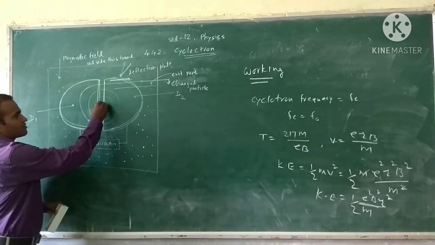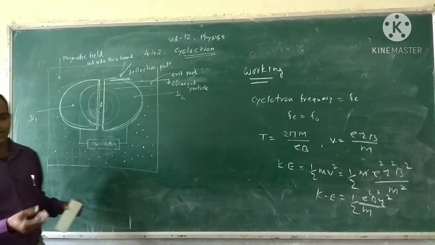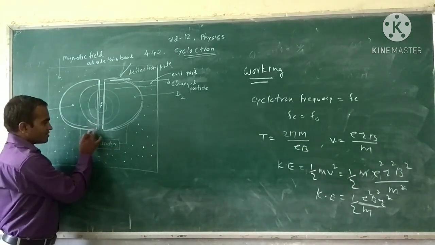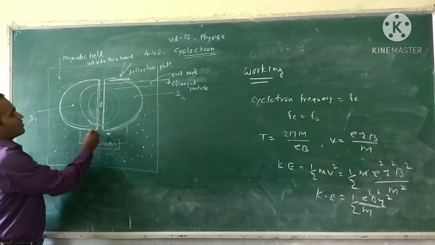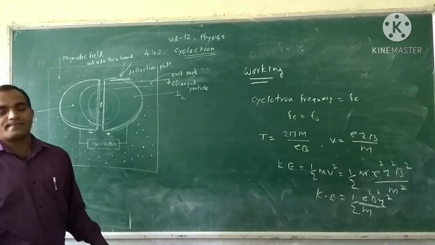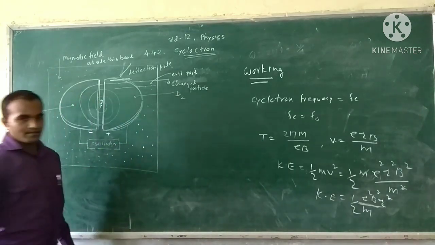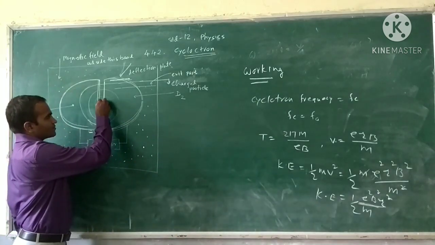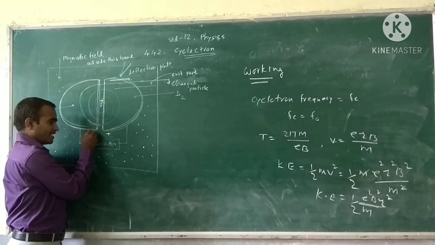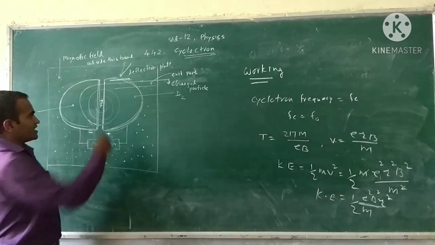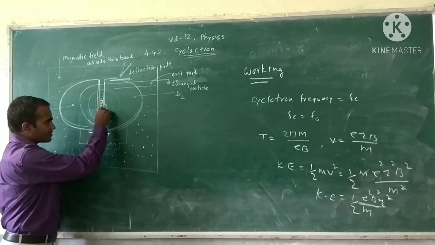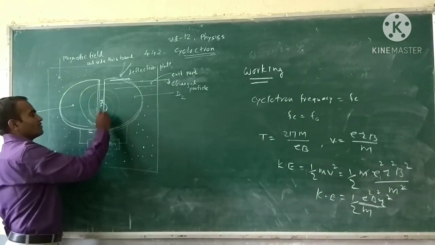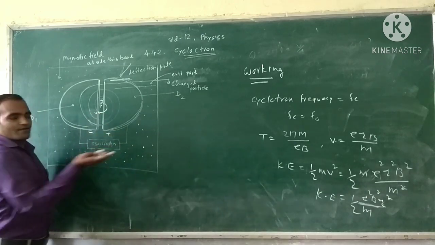Oscillator means AC source. If one of these plates is positive, the other plate will be negative. Say you want to accelerate a positive charged particle. Due to positive-negative attraction, it will be attracted with speed towards the negative plate.